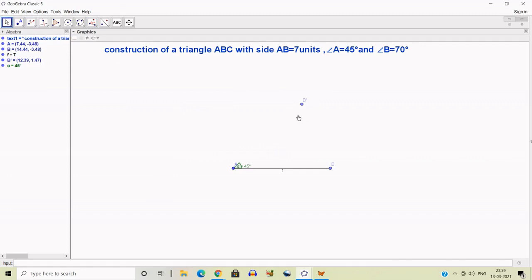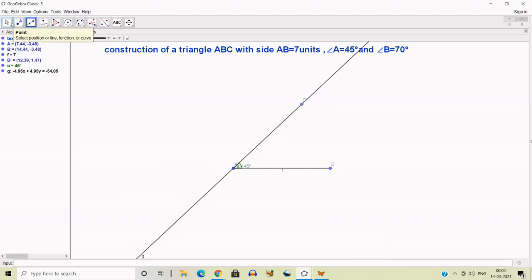So we get point B dash. B dash is a point which we get by rotating B 45 degrees counterclockwise about A. Now we will join these 2 points A and B dash, that is we will draw a line from point A to point B dash. So we will get this line.